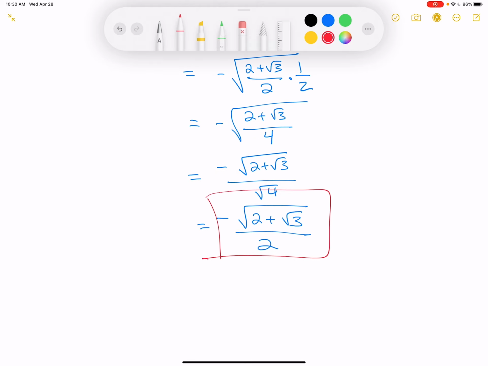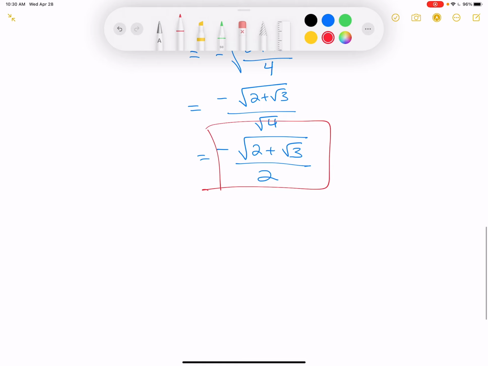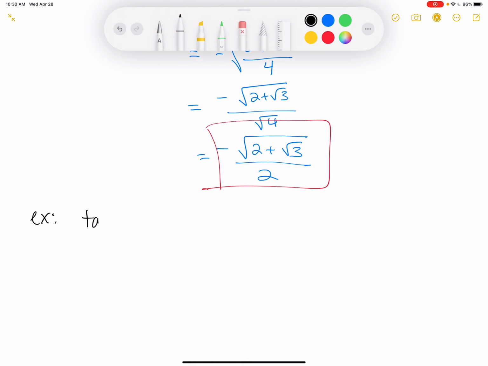Okay. Alright. One more example. The tangent of pi over 12. Alright, so for this one, I'm just going to tell you to make your life easier. If you've got radians, convert it to degrees. It'll just make it simpler. So pi over 12 times 180 over pi.